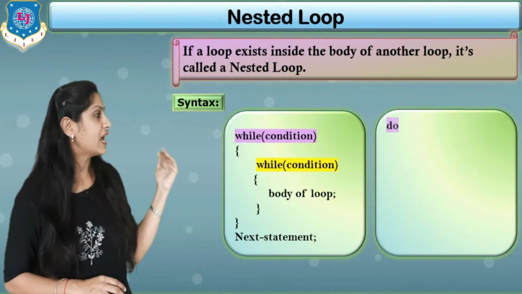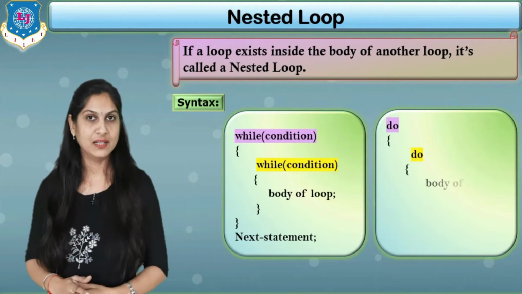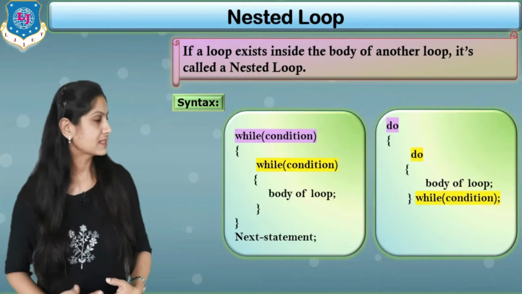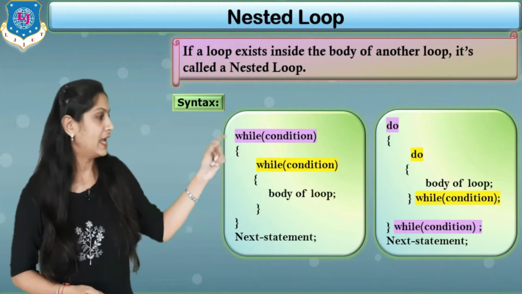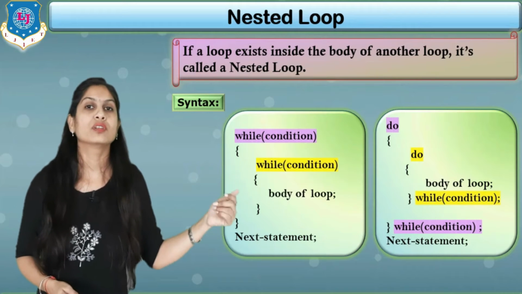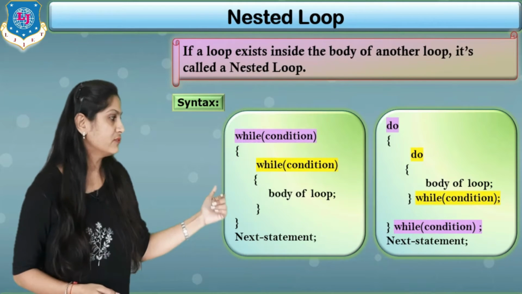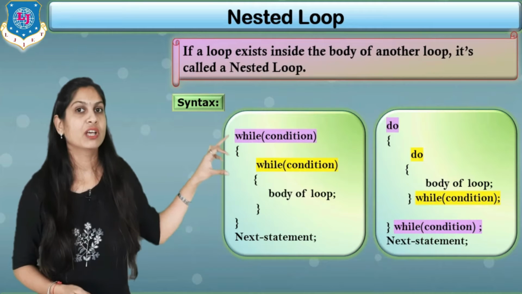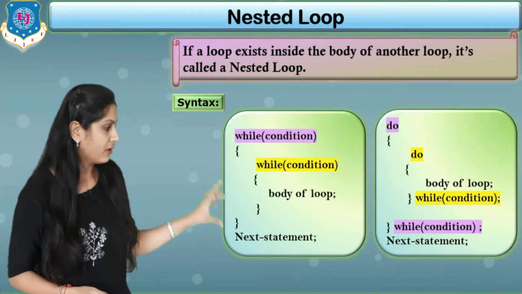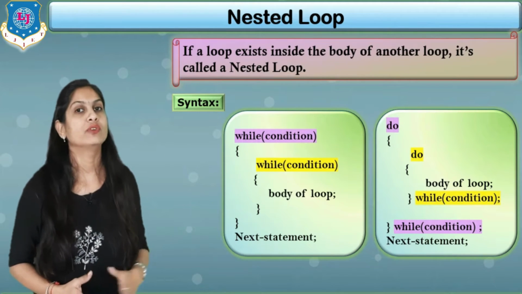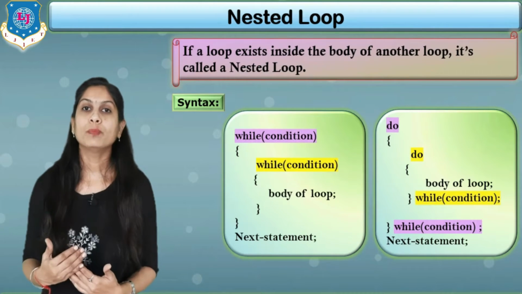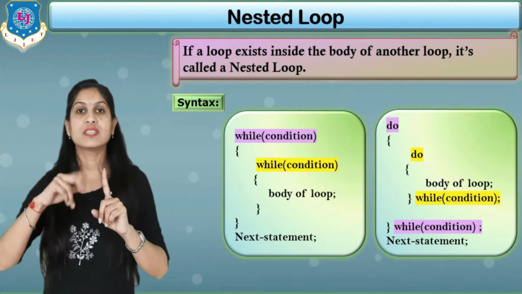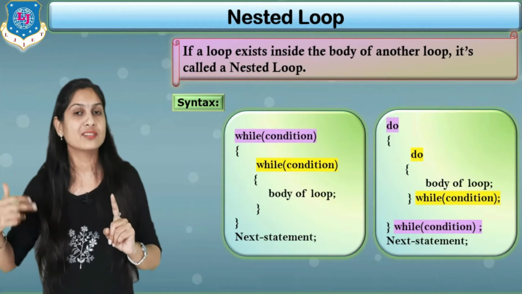Similar way we write for do while. So just put the syntax like do, inside it again put do, and in the do we have to put the body of loop, and then after while for that particular inner loop, and again the while for the outer loop. Clear?